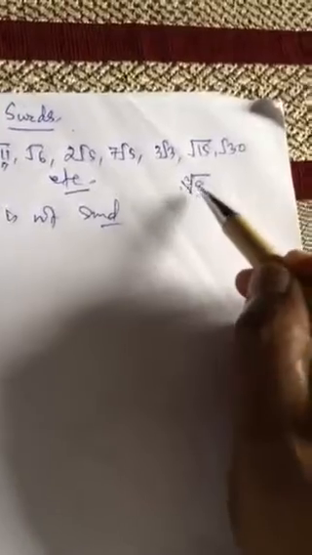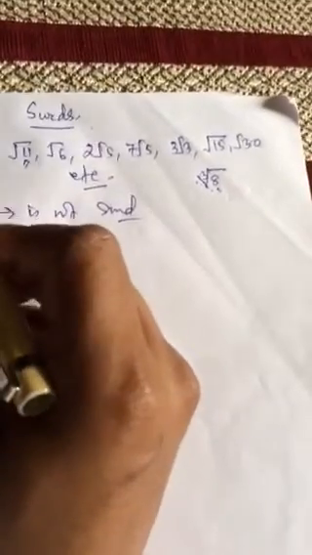Like non-perfect cubic numbers, for example cube root 8. This is how to read cube root. If there is 2, we say square root. If there is 3, we say cube root.